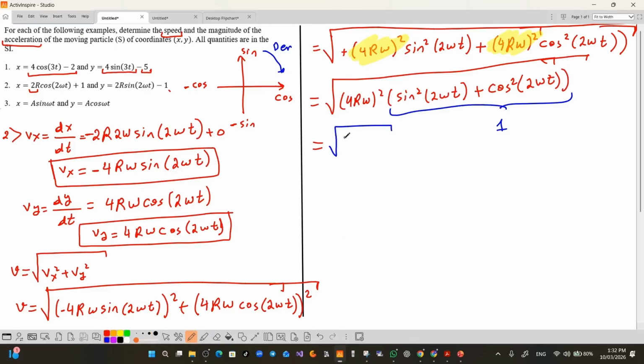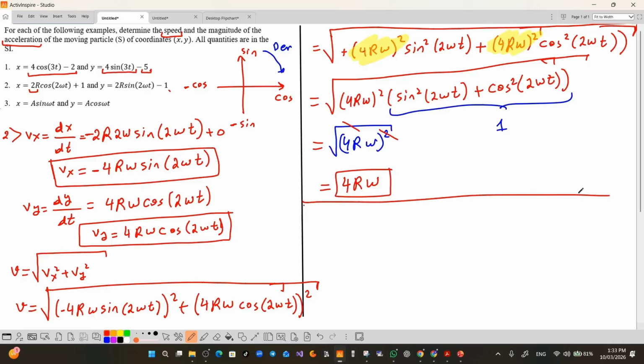Now the answer will be 4r omega to the power of 2, and we can now cancel the square root, and the final answer will be 4r omega again. So no need to do all of this work. We just need to take the coefficient, and this is going to be the magnitude of the velocity or the speed. Now, next step, we need to find the acceleration.